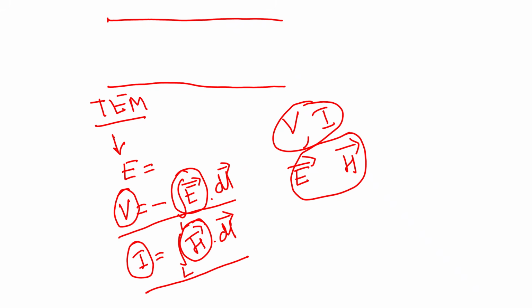Okay, so to apply this circuit theory concept, we will divide this complete transmission line into a very small section or small length of del z.